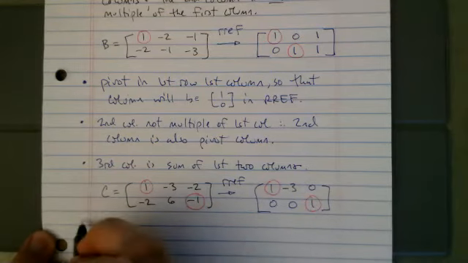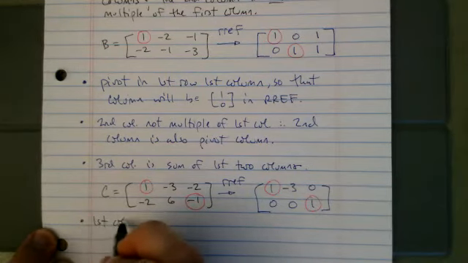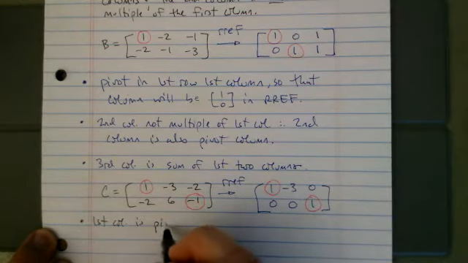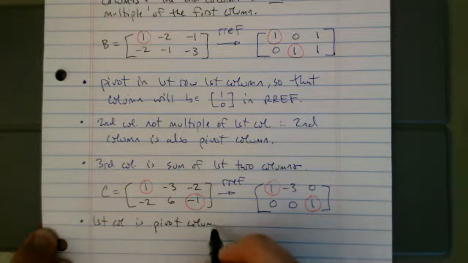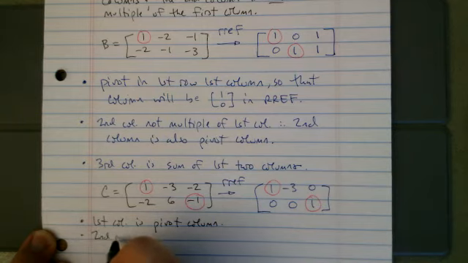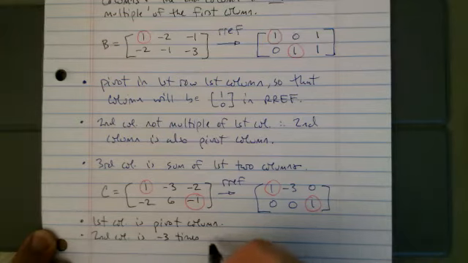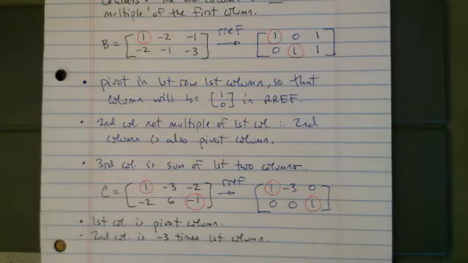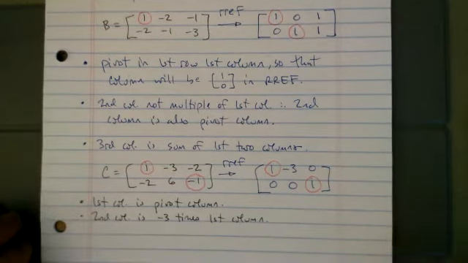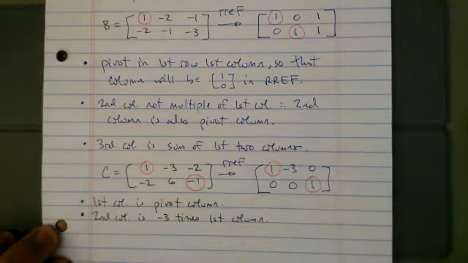First column, pivot column. The next thing that we noticed is that the second column is -3 times the first column. That's what we observe, and so that tells us what the second column should look like.